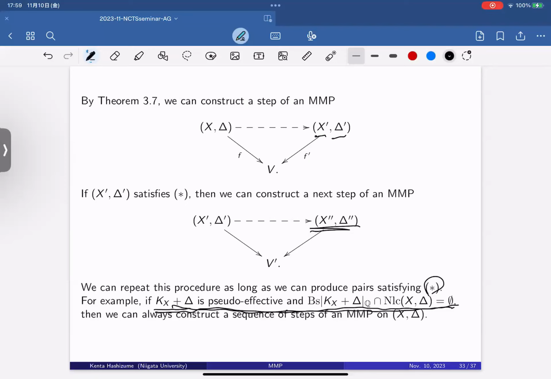So we can construct the next step of MMP, and this pair also satisfies the condition. So we can construct the third step of MMP, and we can repeat these constructions.